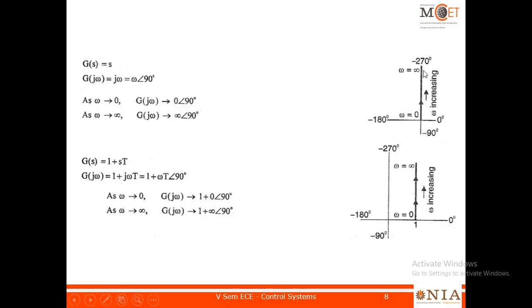So your graph will be like this. Since minus 270 degrees is equivalent to plus 90 degrees, the graph lies on this line.